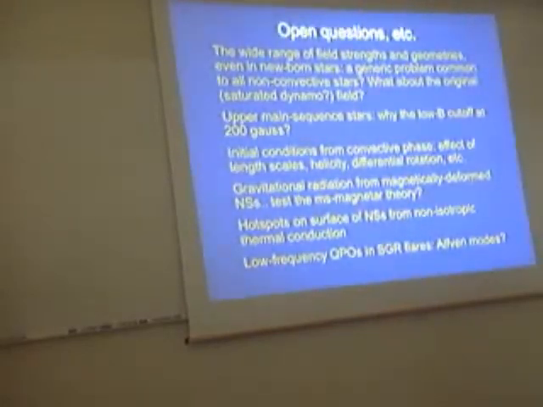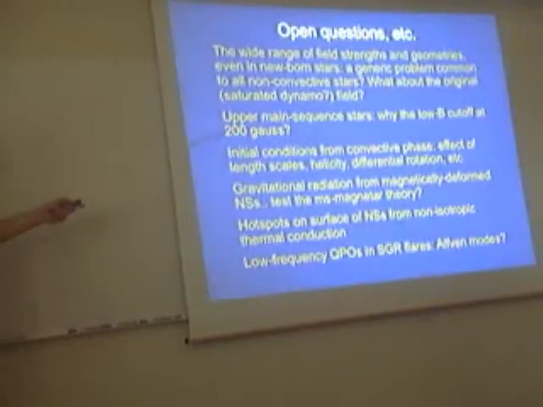If you look at different objects of the same type, the field strengths have ranges of several orders of magnitude in all of these classes of convective star, non-convective star. So in these high mass stars, we've got an added peculiar phenomenon. There's a cutoff at 200 Gauss, which is unusual.